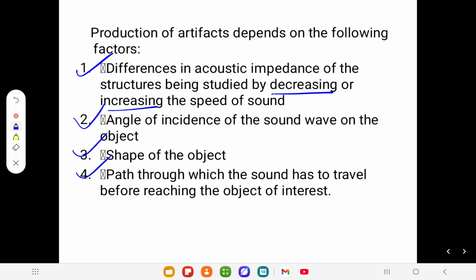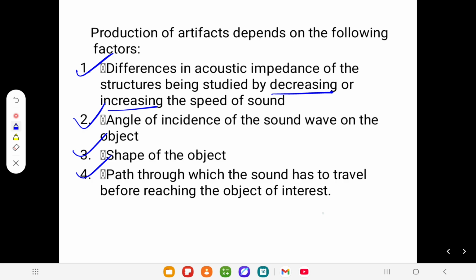Second, the angle of incidence of the sound wave on the object. It really depends, whenever the object is opaque, the angle of incidence matters. And the other is the shape of the object, whether the object is round or flat, and the pathway through which sound has traveled before reaching the object of interest.